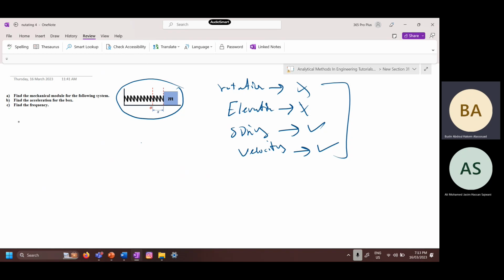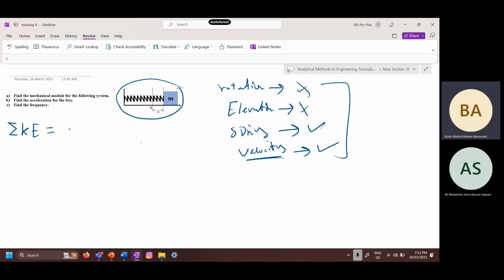So let's start. We need to write our kinetic and potential energy equations. The kinetic energy in this problem, by looking here at these properties, you can see that we have a velocity. Spring is just a potential energy, so we'll use it in the second equation.